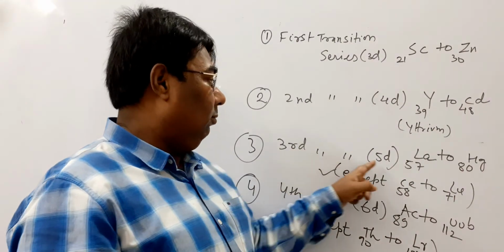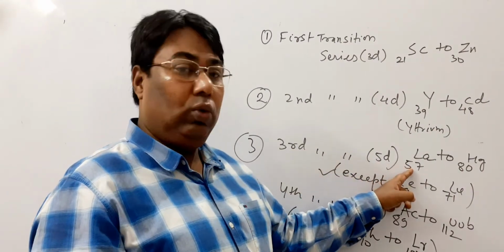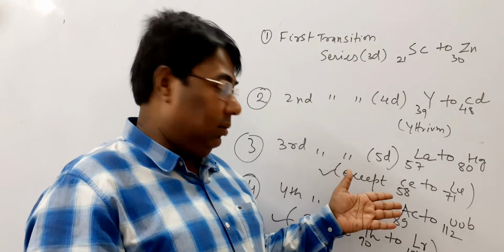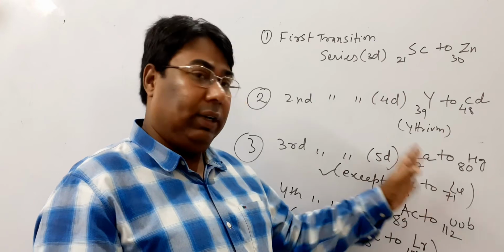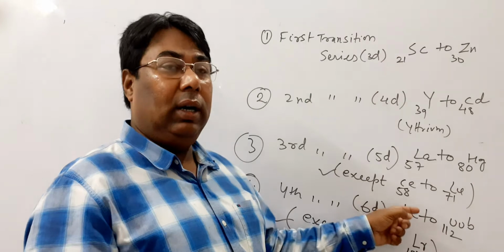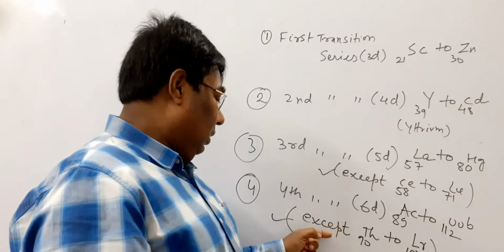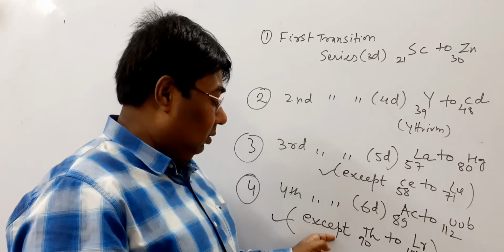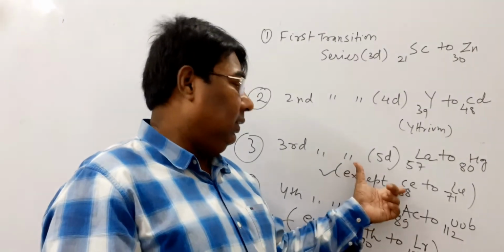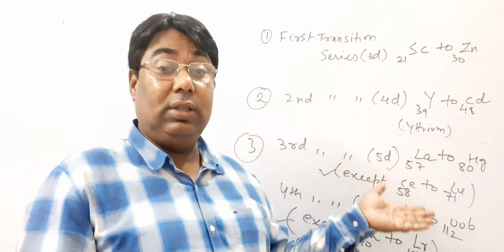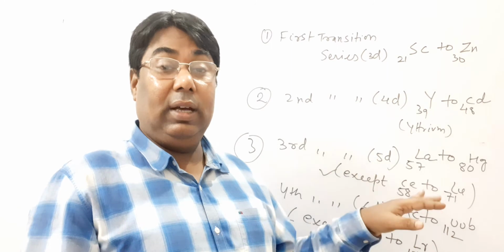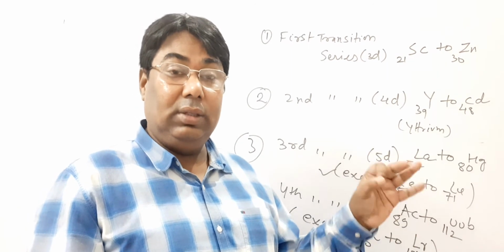Then third, 5d, lanthanum to mercury, excluding cerium to lutetium. Fourth, 6d, actinium to the element 112, excluding thorium to lawrencium. These are the actinoids and lanthanoids, the inner transition elements, because they lie in between the transition elements.